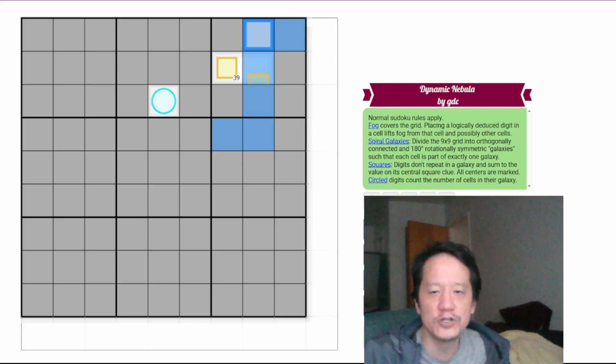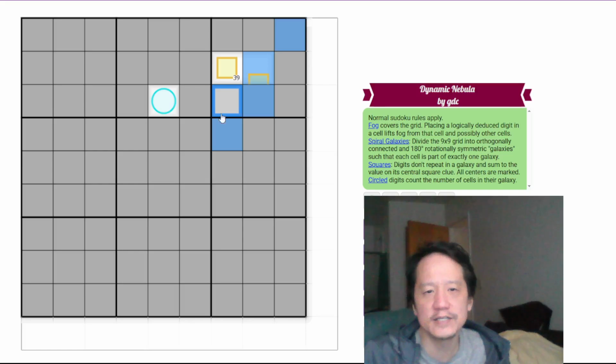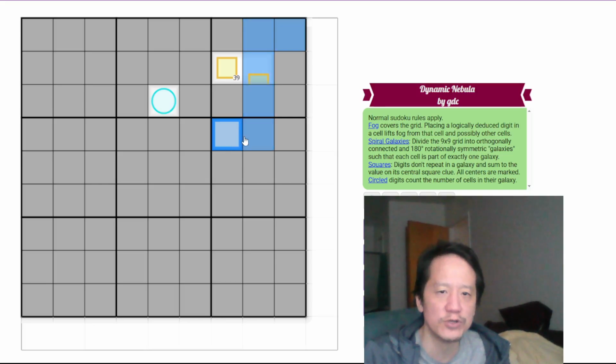But basically, the long and short of it is you can't have a galaxy or a region like this, because if you try to connect here to here going through edges, you'll get outside that region. So an orthogonally connected region has to stay inside the region from any square in that region to any other square in that region, and it must be going through edges.